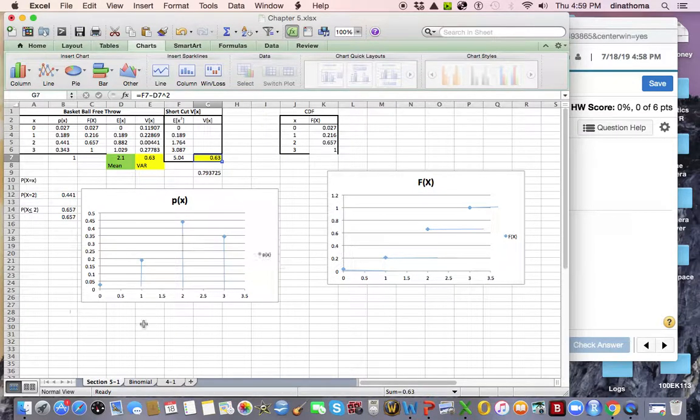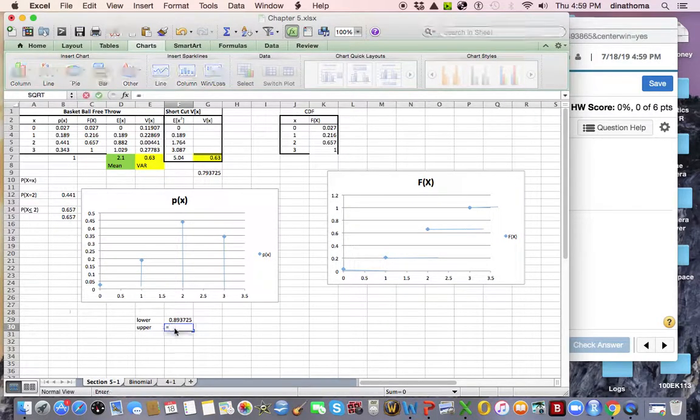So the range rule of thumb, which we learned. If I want to find my lower and upper limits based on the range rule of thumb, I take my mean and subtract 2 standard deviations. So my lower limit is 0.51, which is just below 1.